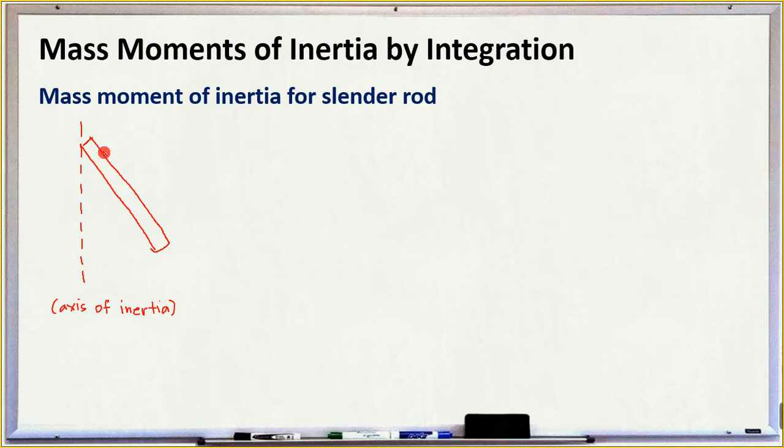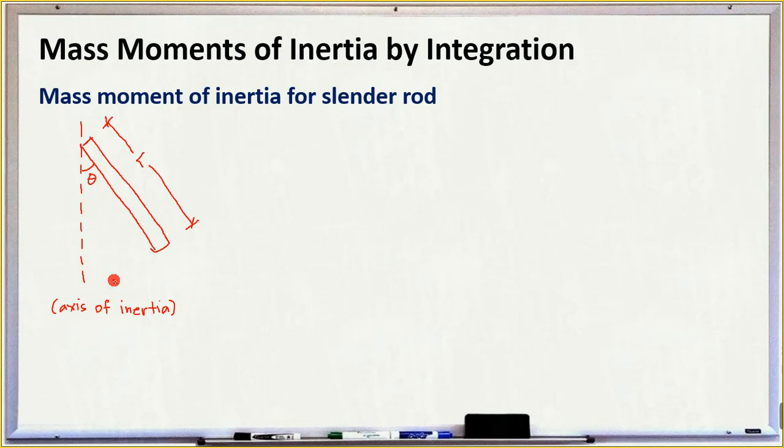Again, our slender rod has a length L. Okay, length L. And then, of course, it is angled at theta.